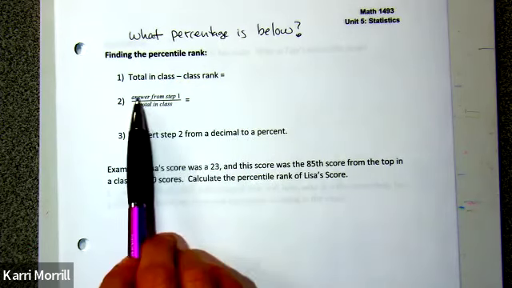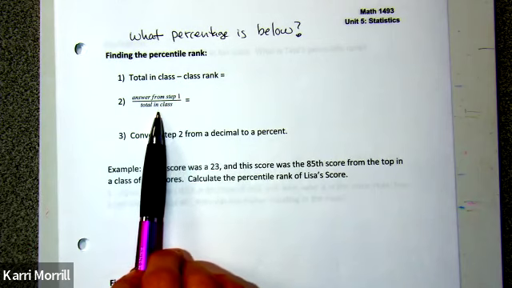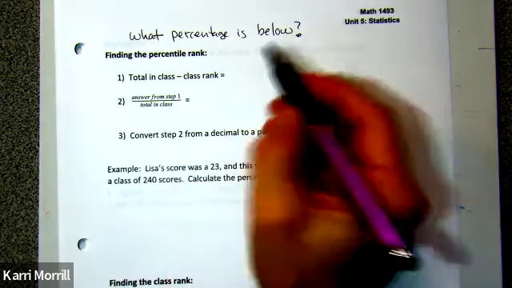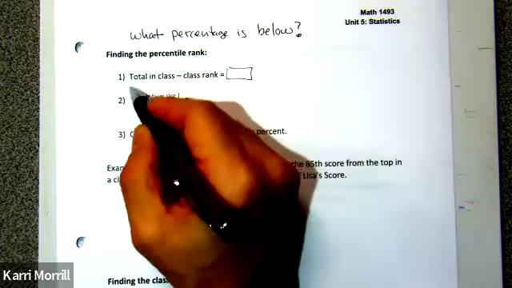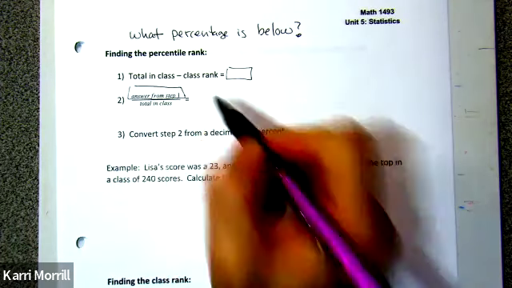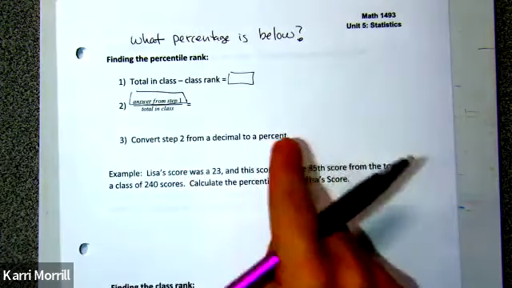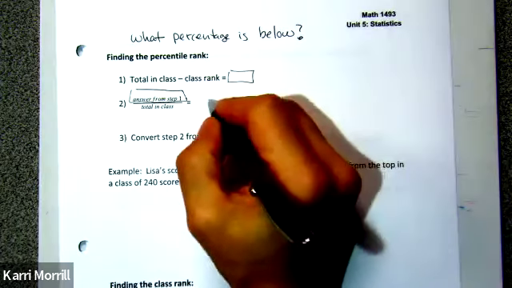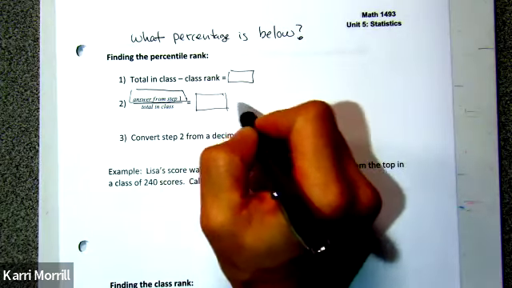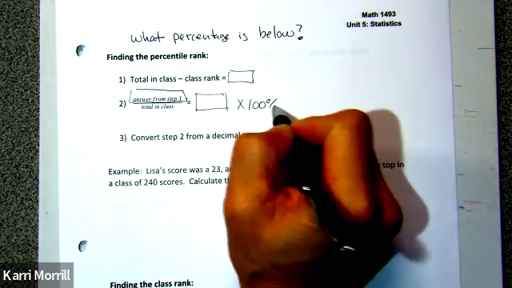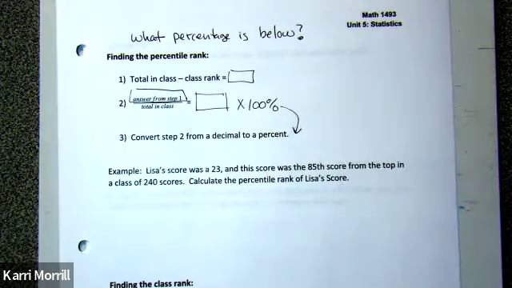Then the answer from step 1, we divide by the total amount. Then we convert that to a percentage, so whatever you get here, you take times 100%.